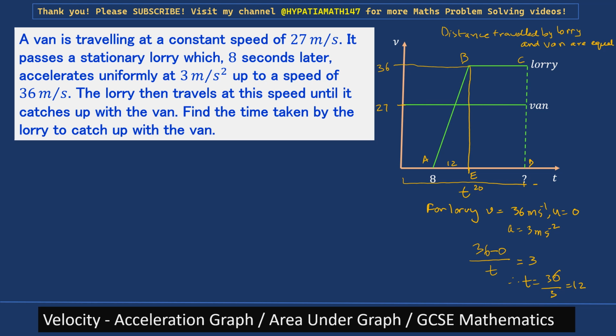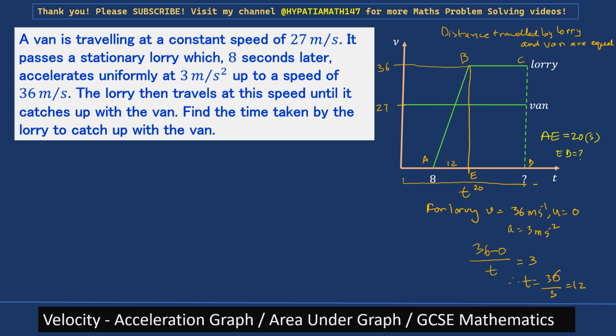So AE equals 20 seconds, and ED we don't know. We would rather find the entire time length t, because then we can have our equation. Okay, so I can form an equation now.